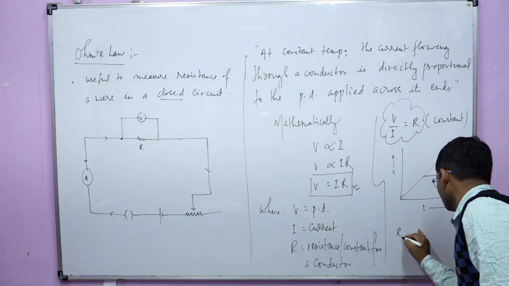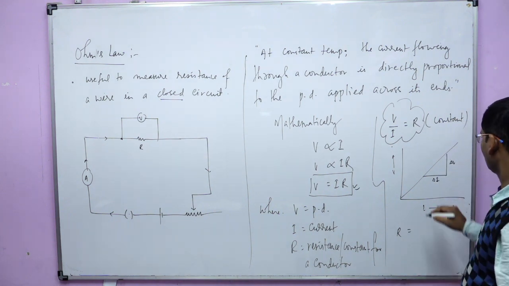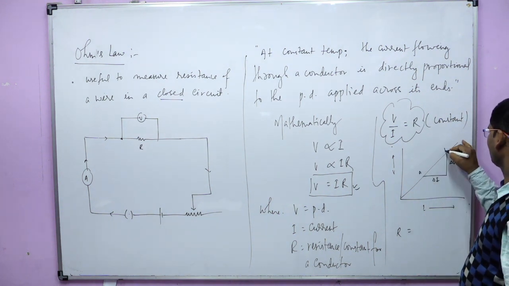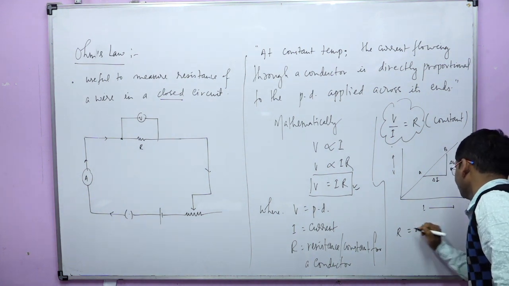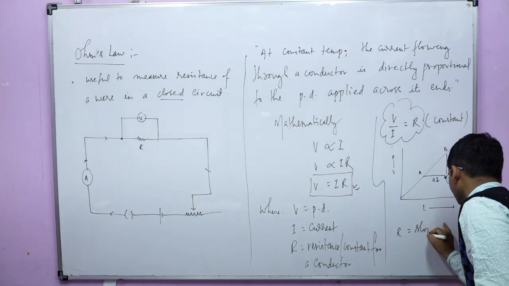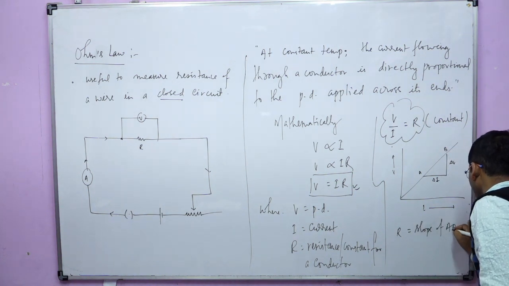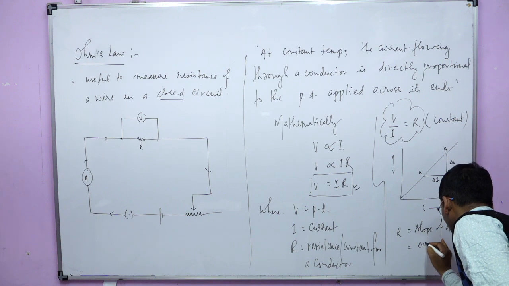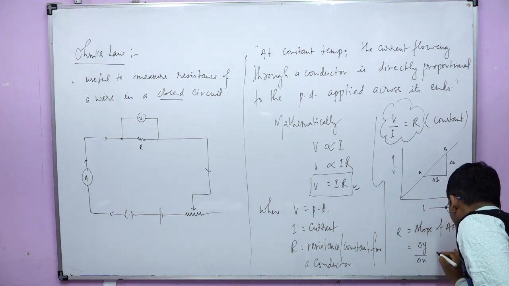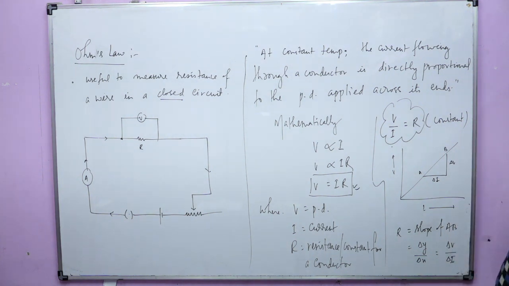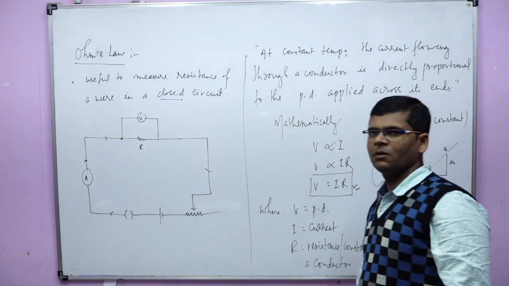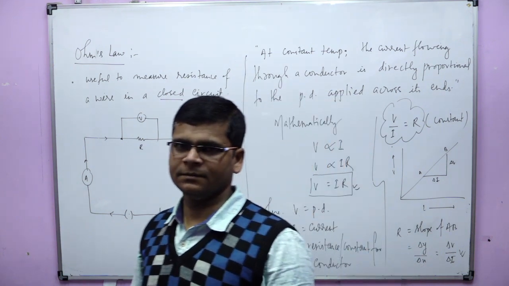So to get resistance, you will have to find out the slope of AB, that is change in y-axis by change in x-axis. Here we have taken change in V by change in I. So from this one you can calculate R, resistance of a conductor.